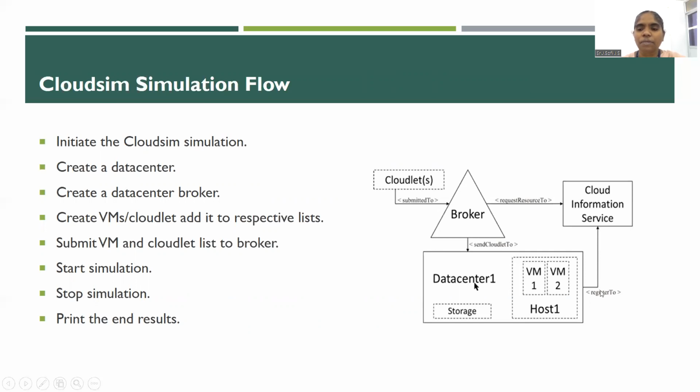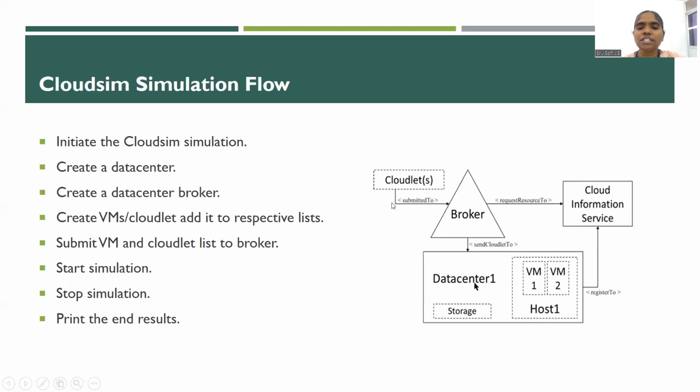So here what is happening, this is the data center. In the data center, there will be a storage and there will be a number of physical machines, that are called host machines. So in that host machine, there will be a number of virtual machines. Okay, and then the data center will be giving the information about the resource availability to the cloud information service. And the broker will get the information about the available resources from the cloud information service.